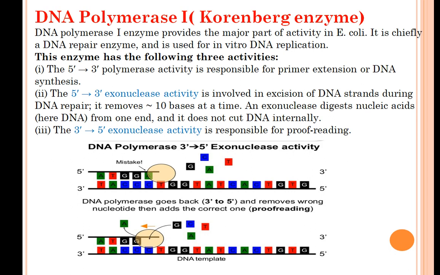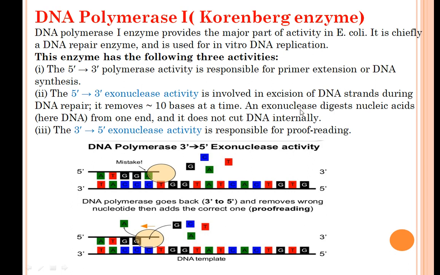The 5' to 3' polymerase activity is responsible for primer extension or DNA synthesis, and 5' to 3' exonuclease activity is involved in excision of DNA strand during DNA repair.